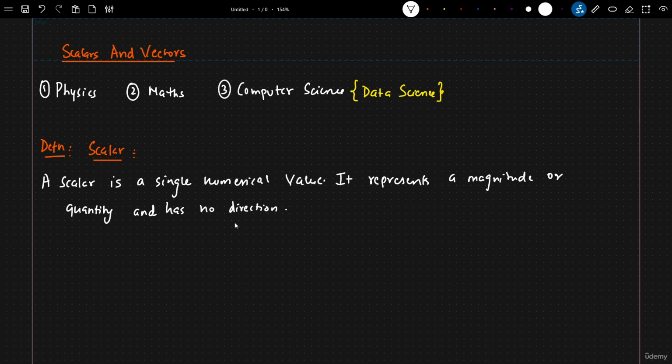I hope many people have probably seen this particular definition. A scalar is a single numerical value. It represents some magnitude or quantity and has no direction.